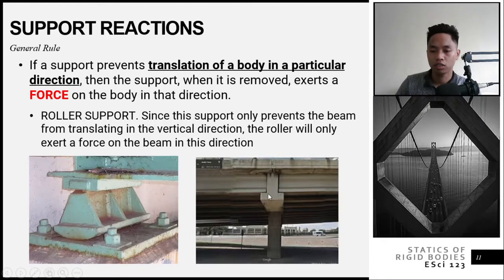Kana siya, ato na siya itungtong ang atong mga girder sa pylon or support. So that is somewhat the same with roller support. It prevents translation in the vertical direction. So you will have to exert an upward reaction diha, or I mean reaction about the y-axis.